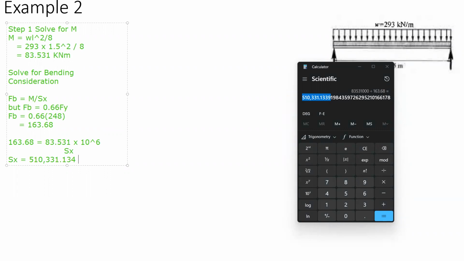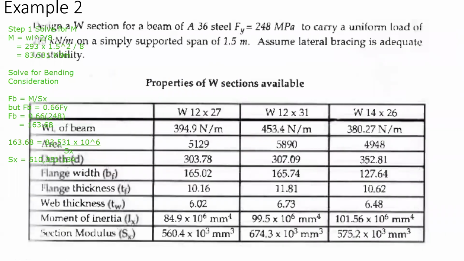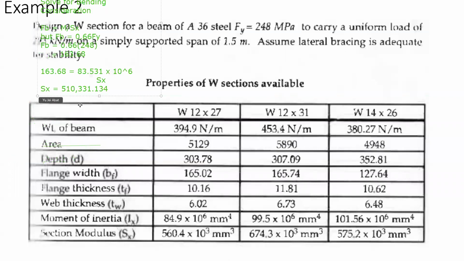Okay, and then let's check the wide flange sections given to us and compare the closest to Sx. So you have your 560.4, you have your 674.3, and you have your 575.2.